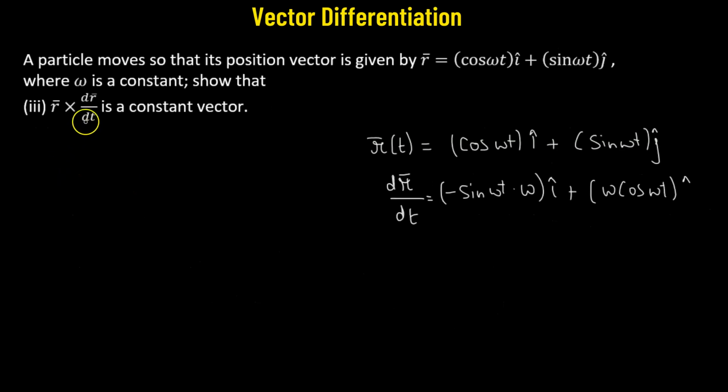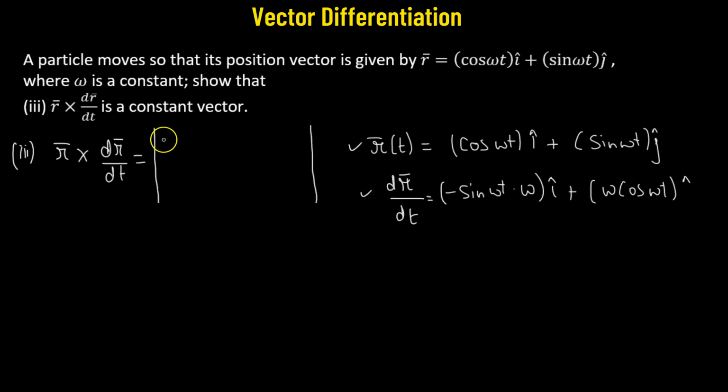So in part 3, we have to show that the cross product between the vector r and its first derivative, the velocity vector, is a constant vector. We already obtained these two results in problem number 1. So let us begin. We will take the cross product between vector r and the velocity vector. So we'll use a 3 by 3 determinant.